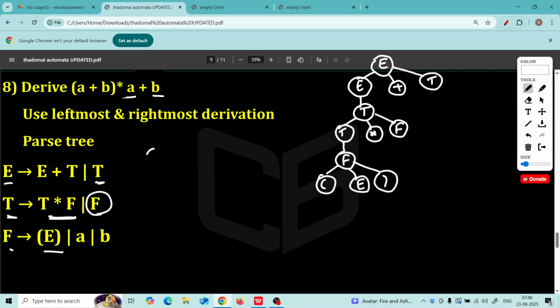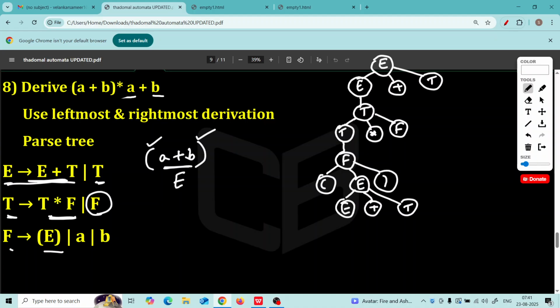Now what do you have inside bracket? A plus B. Do you see this bracket and this bracket is generated? So somehow this E should give A plus B. So we can then say E gives E plus T. Correct? Now what do you want? To the left of plus you want A, to the right of plus you want B. So in the next step you say E gives T gives F and F gives A. Just observe this.